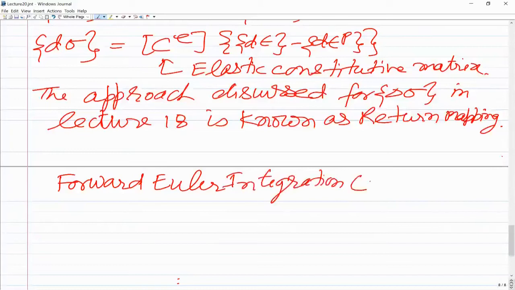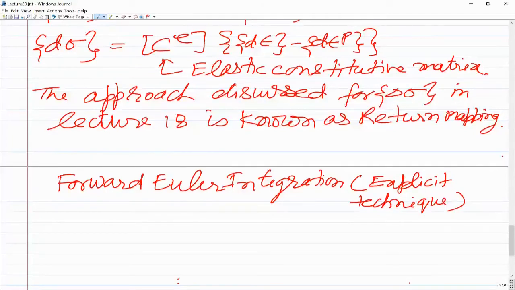And this is explicit, it's not an implicit technique. So obviously the condition that your yield surface may not be satisfied in this technique. This is an alternative approach, alternative to what I just discussed.